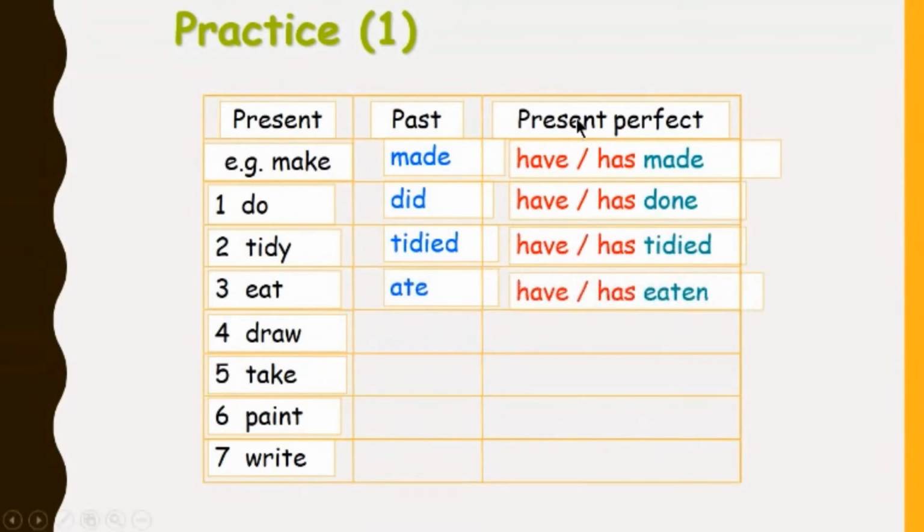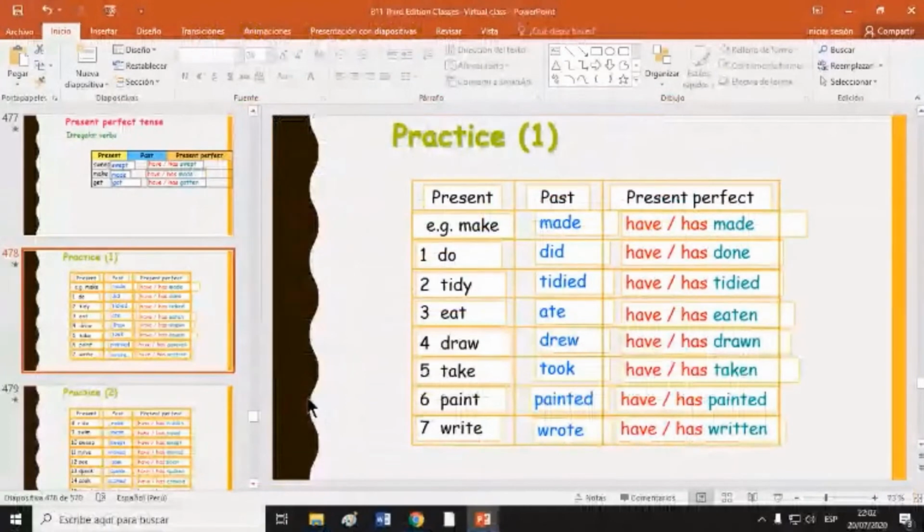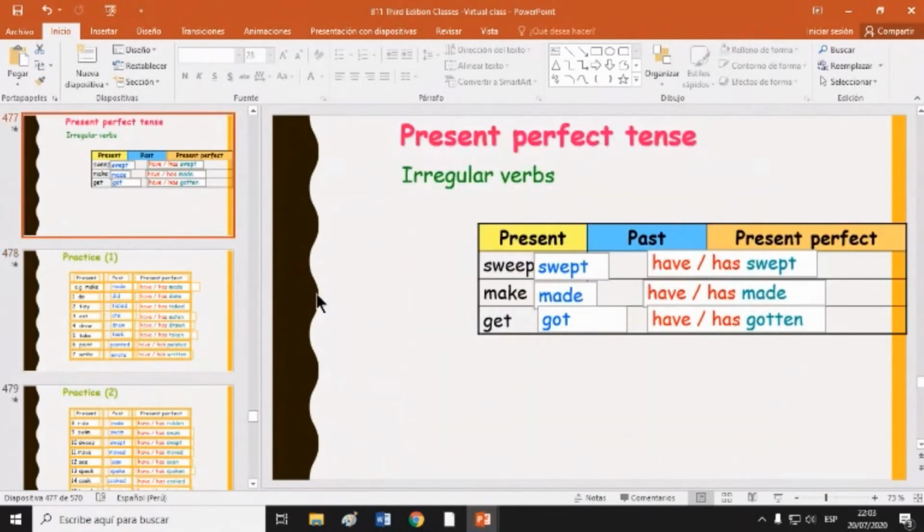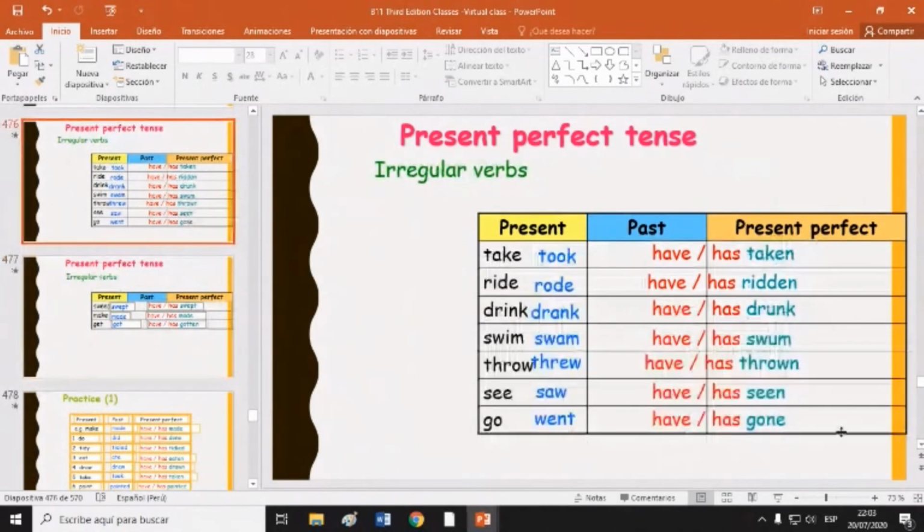So how can we know if a verb is regular or irregular? There is no secret. You just have to identify and memorize which ones are regular and which ones are irregular. Sometimes you are going to get confused, and it's okay, because sometimes we forget and say has or have.